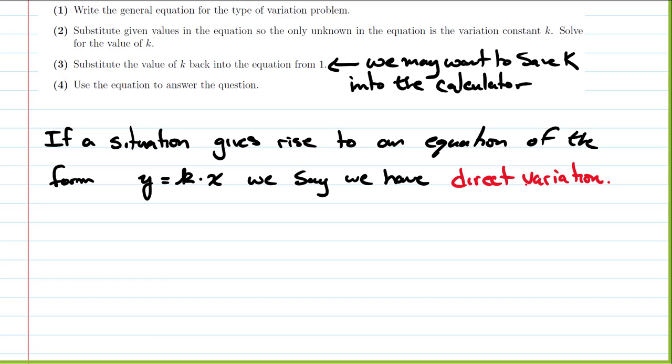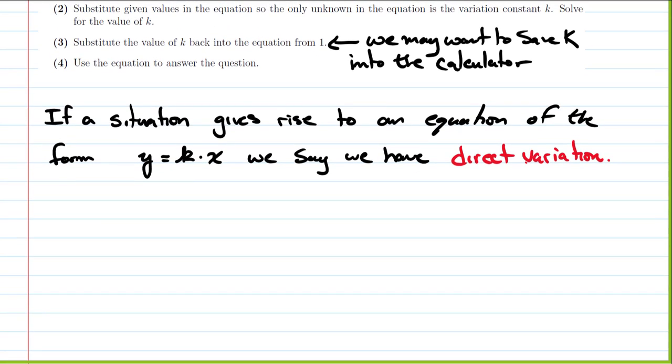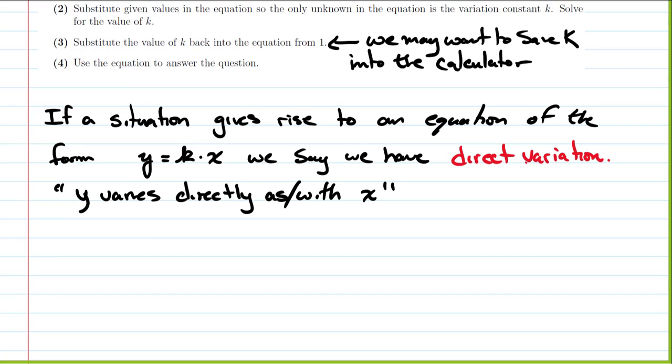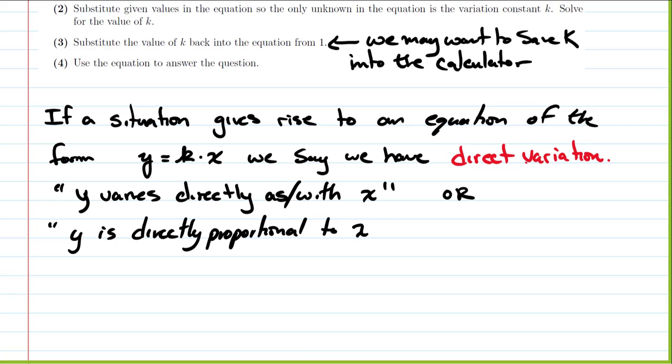So the phrases we want to be on the lookout for are y varies directly as or with x, or y is directly proportional to x.